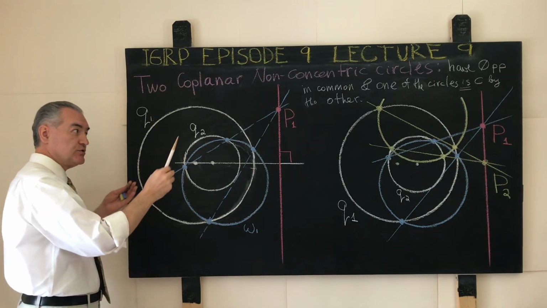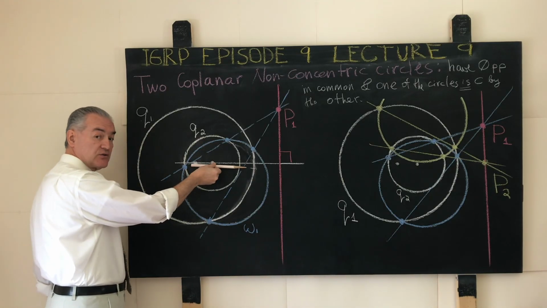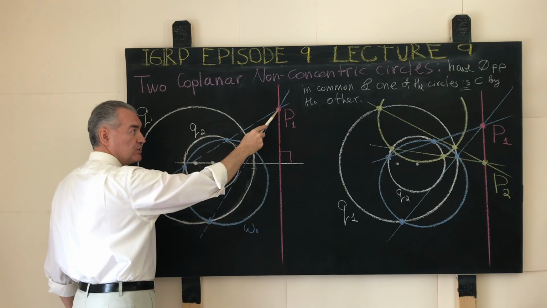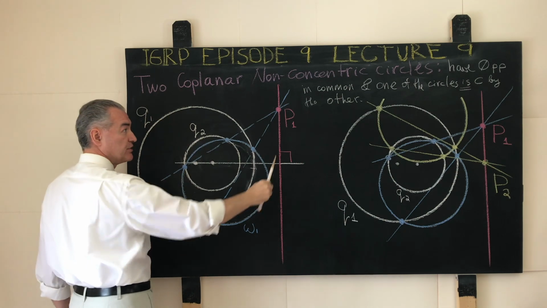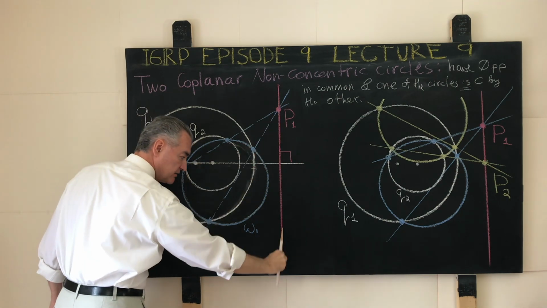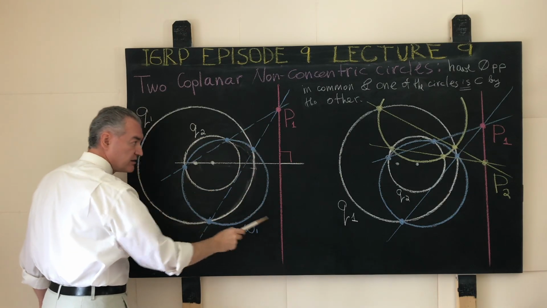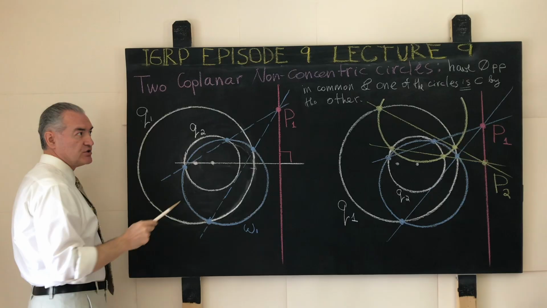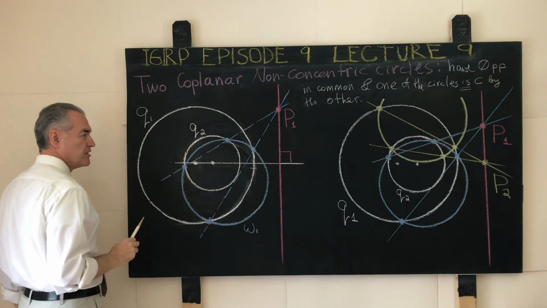And now we reduce this problem to the previously solved one when we ask the question: given a straight line, the straight line of centers, how many straight lines can be drawn perpendicular to that straight line, passing through a point not on it, such as the point P1? Well, in Euclidean geometry, only one such perpendicular can be constructed, and that perpendicular shown in red is exactly the radical axis of two coplanar non-concentric circles that have 0 points in common, and when one circle is completely contained within the other.